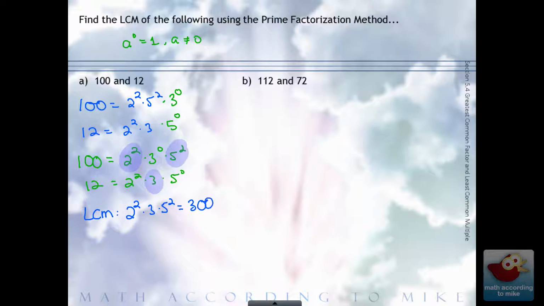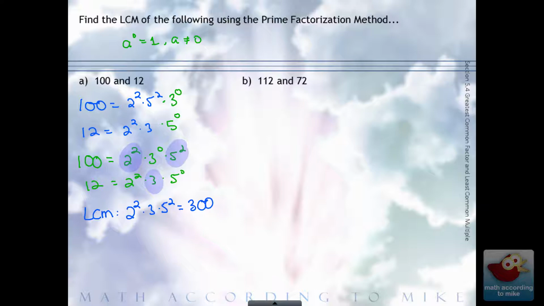So the smallest number that both 12 and 100 divide into would be 300, which answers the question. But if you also wanted to find the GCF, instead of taking the larger exponent, you would take the smaller exponent.